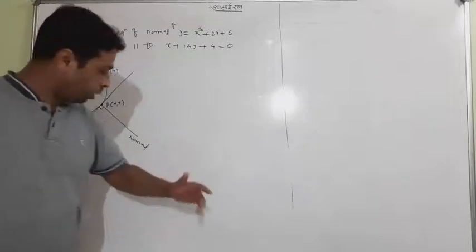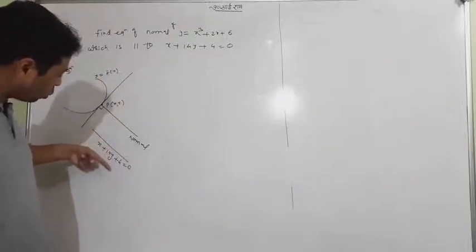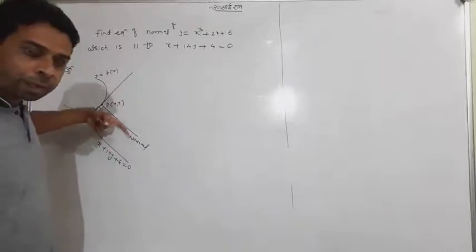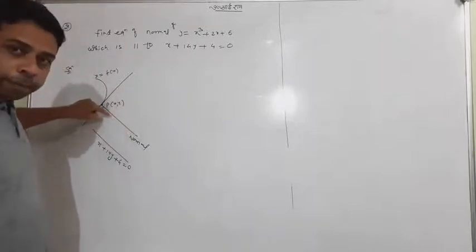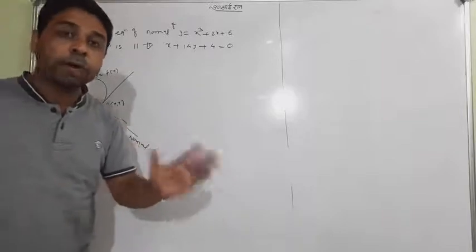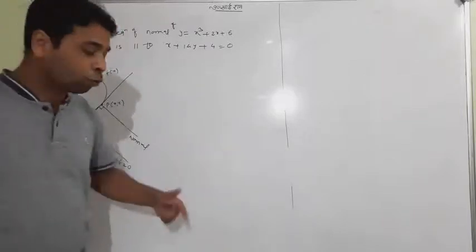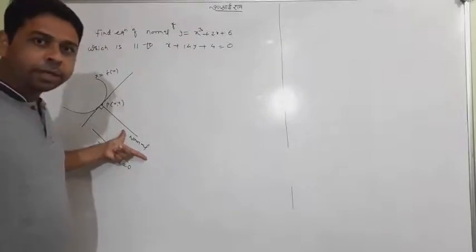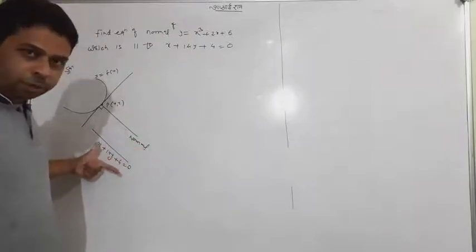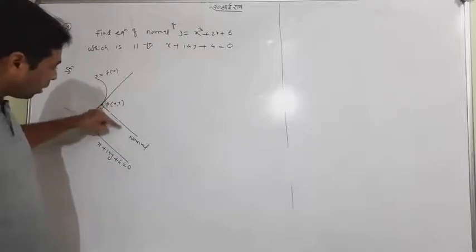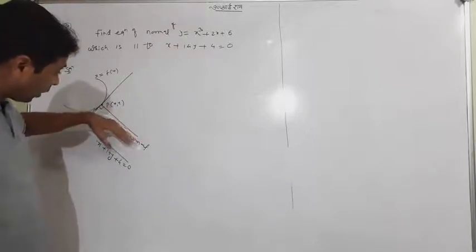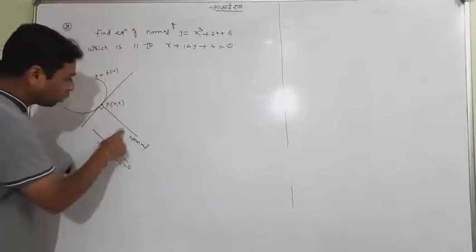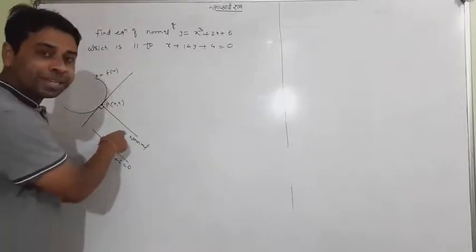So what to do, students? These two are parallel, so the slope of this line is equal to the slope of the normal. When you get the slope of the normal, this will be one of the required things, because you finally have to find the equation of the normal. The slopes of these two lines are equal. Now I just want a point by which the normal is passing, which is P(x, y). So I'll find the normal gradient or slope.